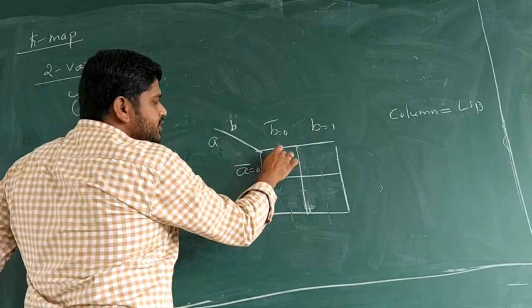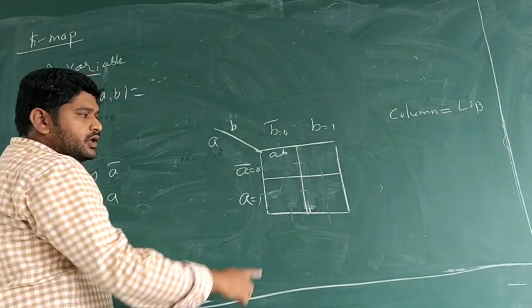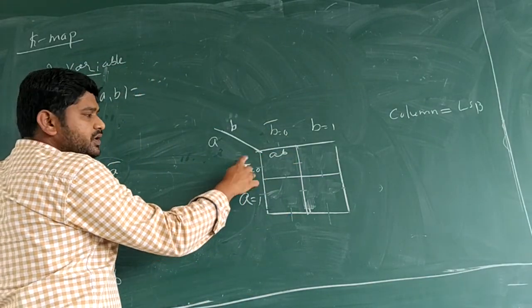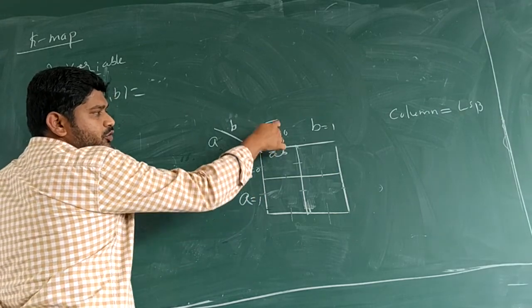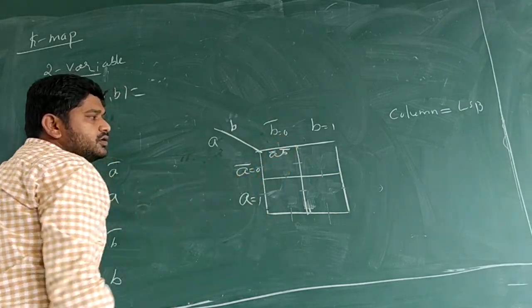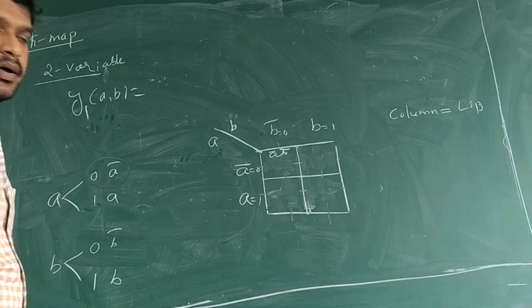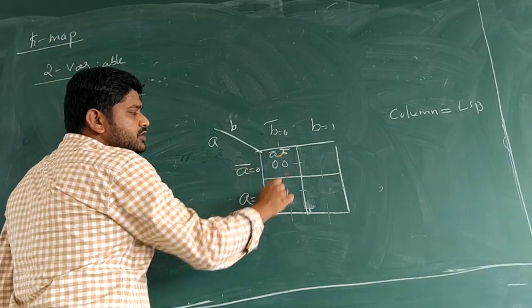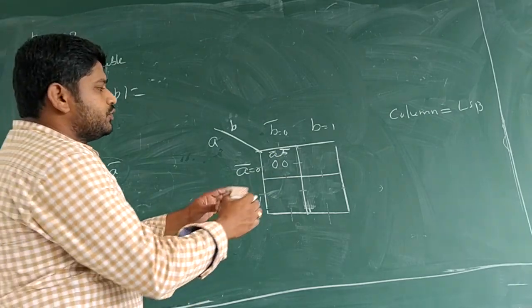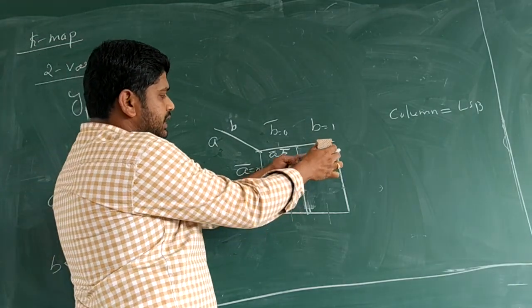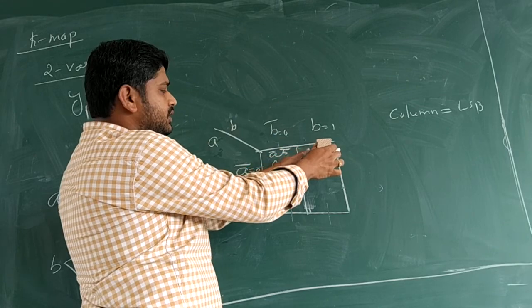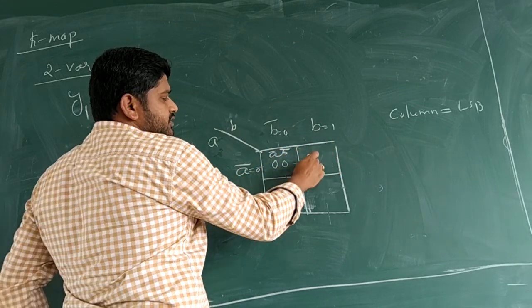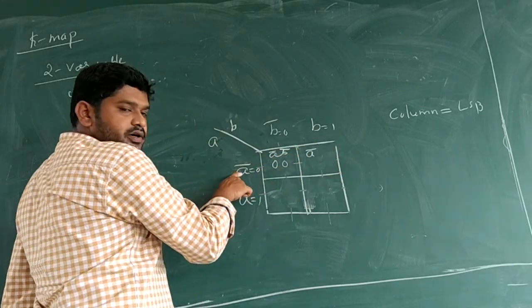What is the combination of AB? Is A occurring in complement? Yes. What about B? It is also occurring in the form of complement. Hence it is 0 with 0. If you look here, left and vertical, top, what is the left occurrence? A is occurring in complement.